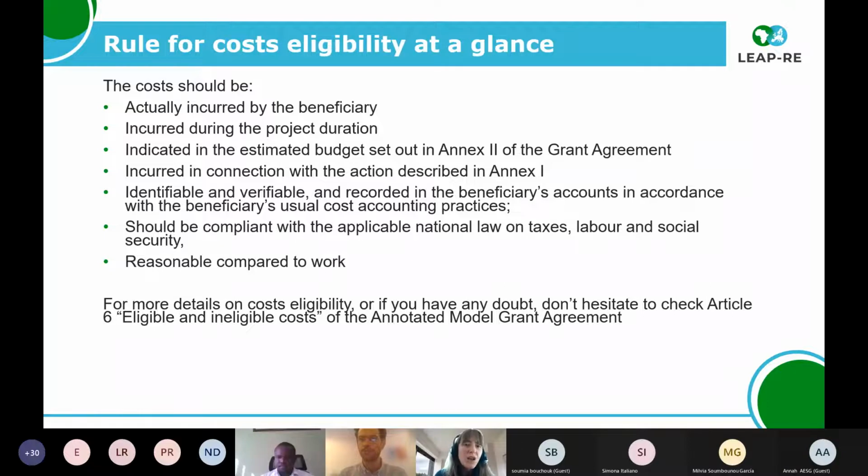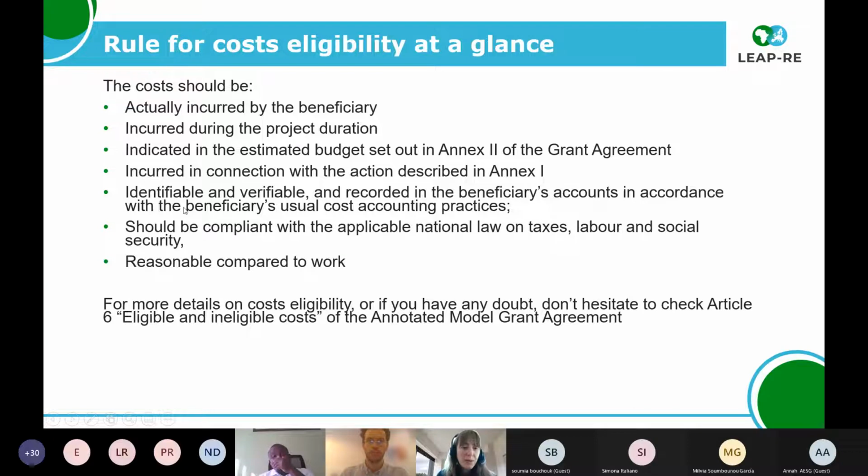Yes, thank you. You also have to incur the cost within the project duration, so between the start and the end of the project. If you incur costs after the end of the project, then it's not eligible. The cost should be foreseen in your budget, which is set out in Annex 2 of the grant agreement. The cost must be in connection with the action.